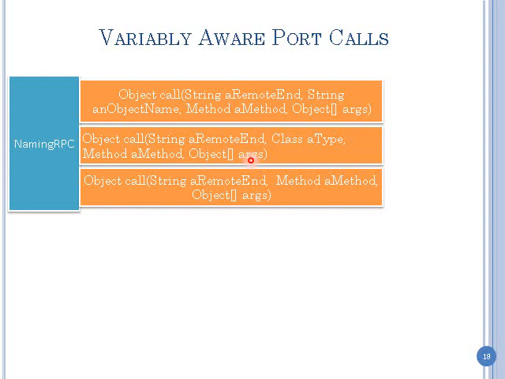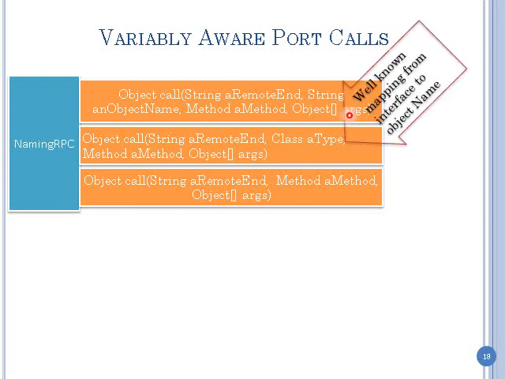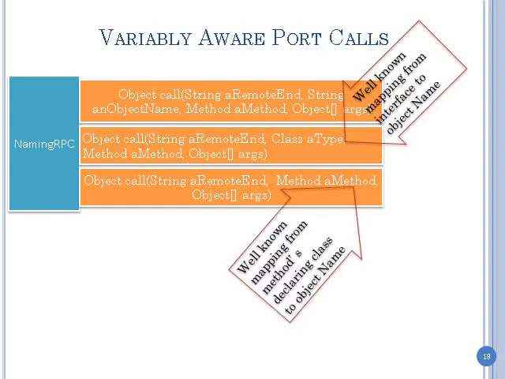So you can make these calls directly. You don't have to use proxies. If you are willing to make distribution-aware calls, you just take the RPC port, give it the remote end, an object name, a method, and the args, and it'll happen. Here I'm automatically mapping. We've seen that we can automatically derive object names from objects and classes. If you just give an interface name, it will use the interface name as the object name, and if you give just the object, it will use the class name as the object name.